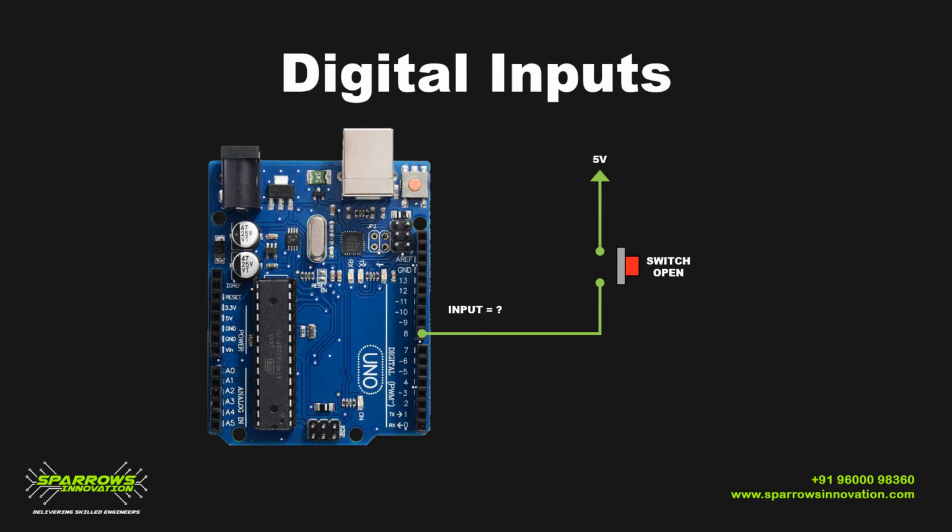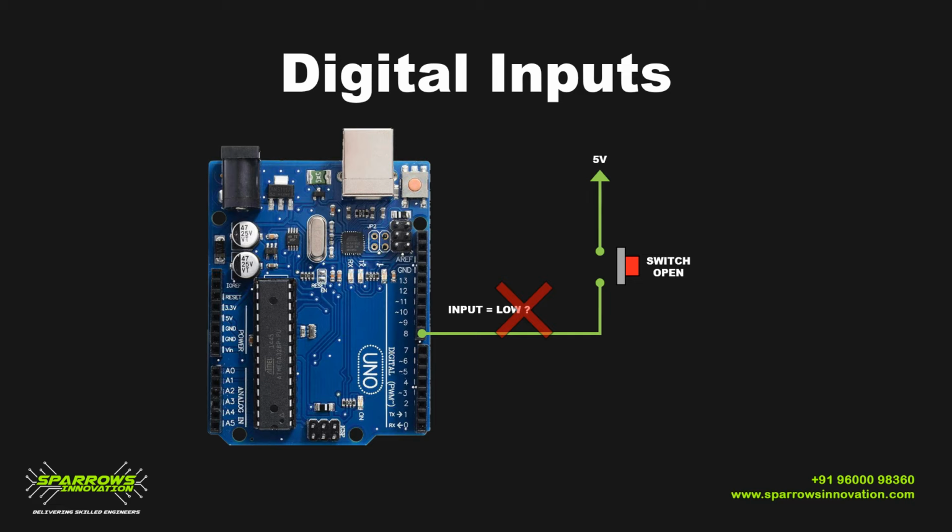Now the 5 volt is disconnected from the digital pin and no other circuit is connected to that pin. So if you think that input is low, then you are wrong, because the pin is not connected to ground, it is actually left unconnected.